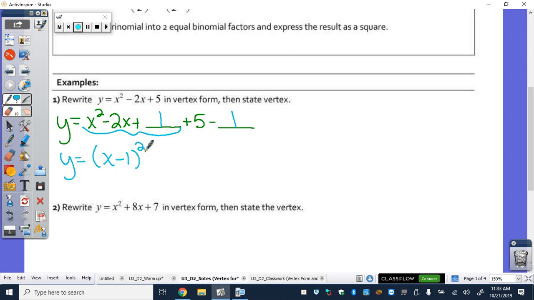X minus 1 squared. And then for the end, 5 minus 1 gives us a plus 4. And then it's in vertex form. So our vertex for that one, again, you change the value of the number that is with your x. So instead of minus 1, it would become positive 1, and then 4 stays the way it is. So our vertex is the point (1, 4).